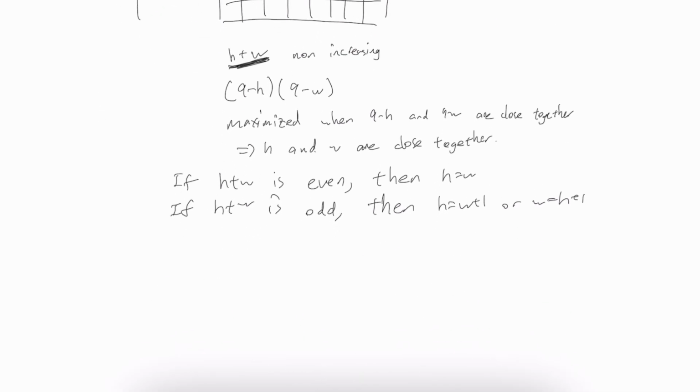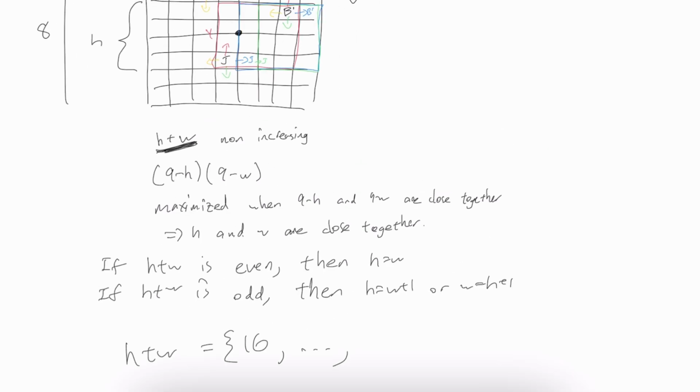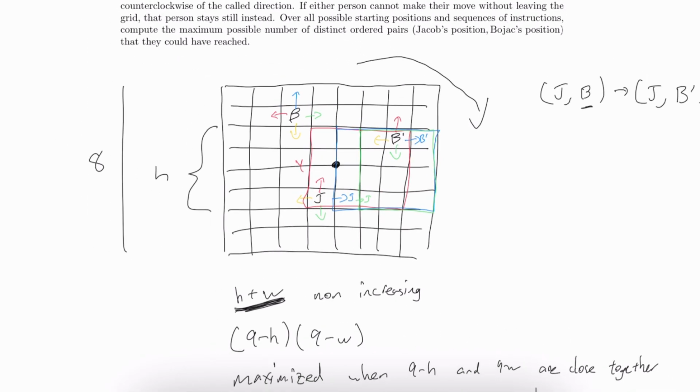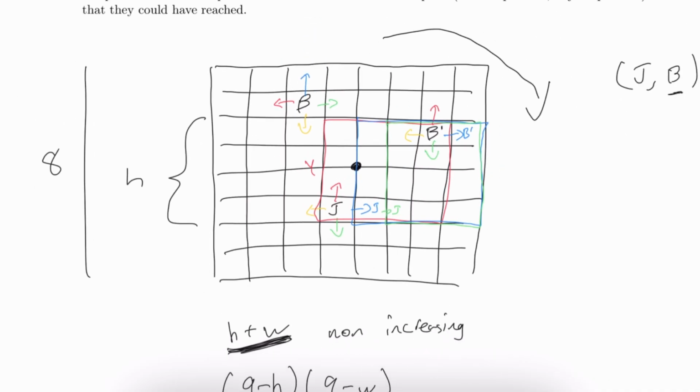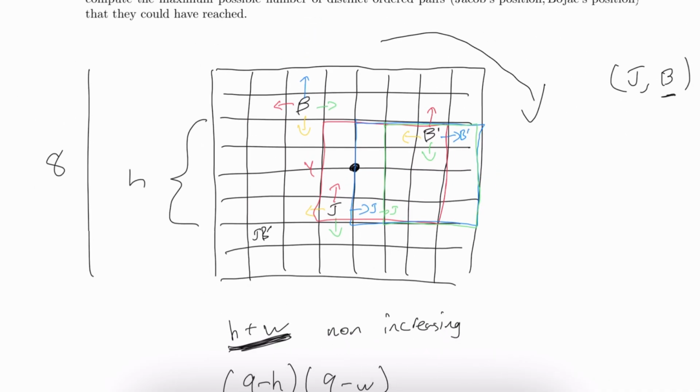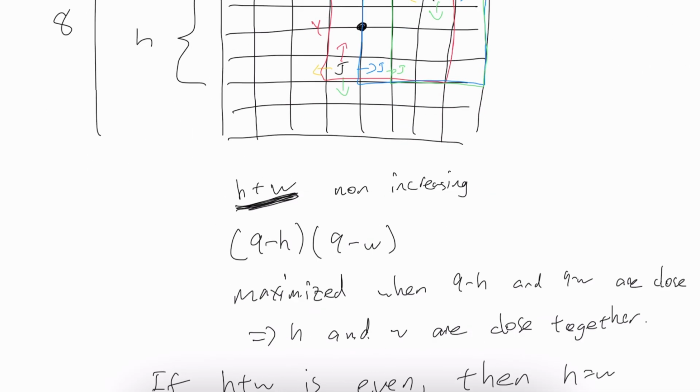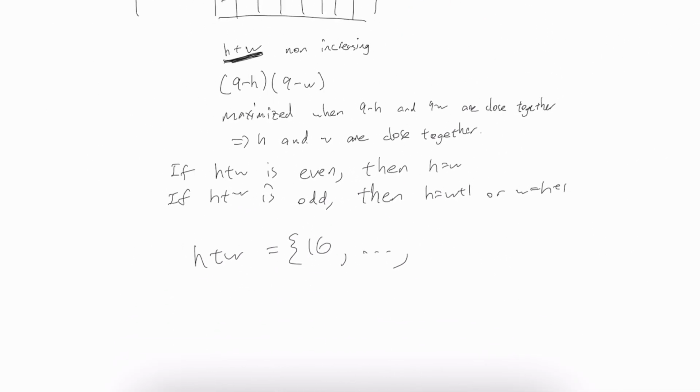So you have that h plus w can equal anything from 16 to the smallest it could be, which would just be a 1 by 1 square, right? If j and b prime occupied the same square, height and width would both be 1. So this would just be 2.